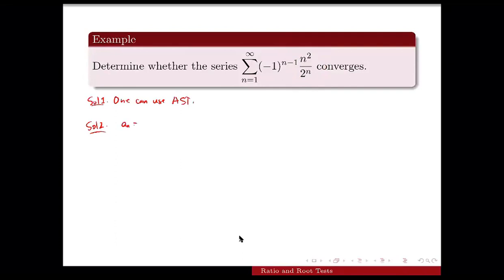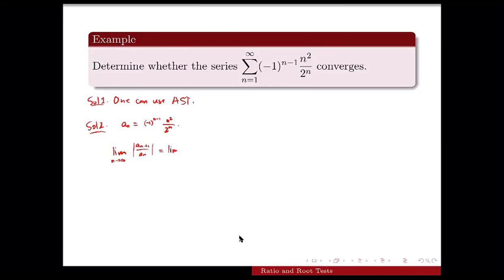So in here, you have your a sub n to be -1 raised to n minus 1 times n squared over 2 to the n. And then we'll have to find the limit of the absolute value of a sub n plus 1 over a sub n as n approaches plus infinity. We can remove the -1 raised to something, because it's always -1 or +1, but we have absolute value, so it just becomes +1.